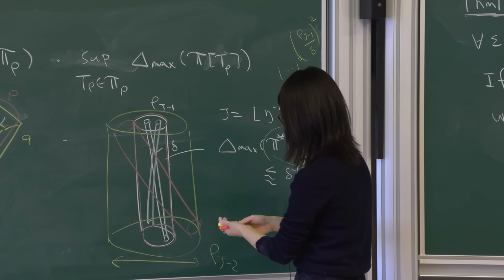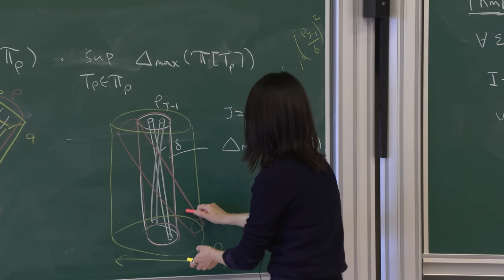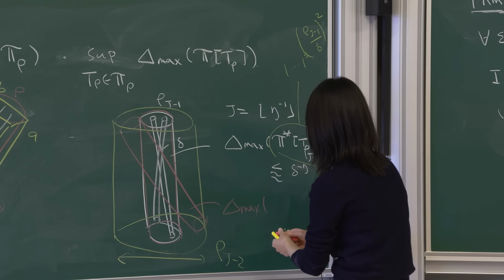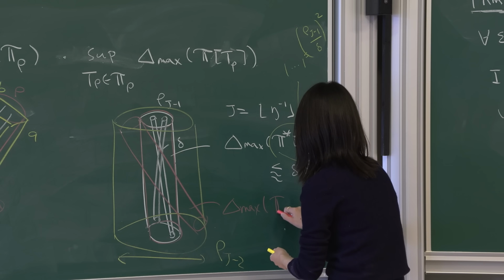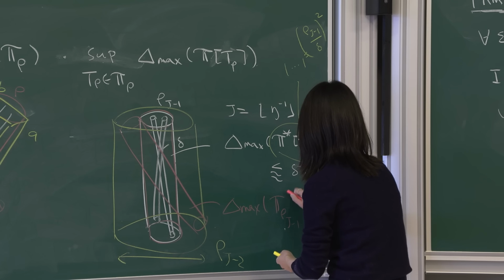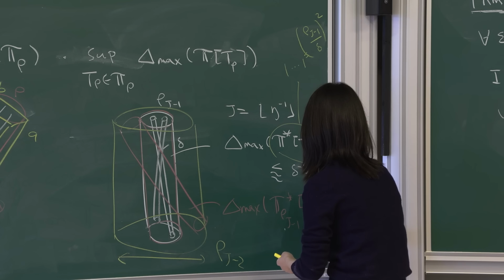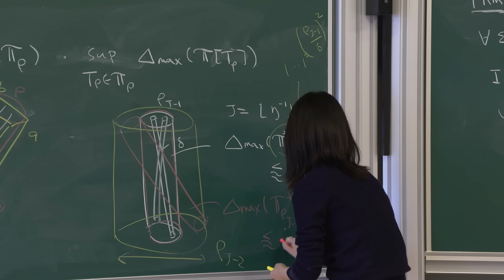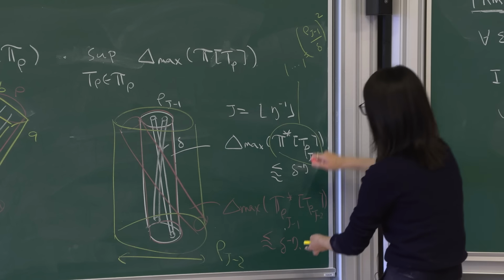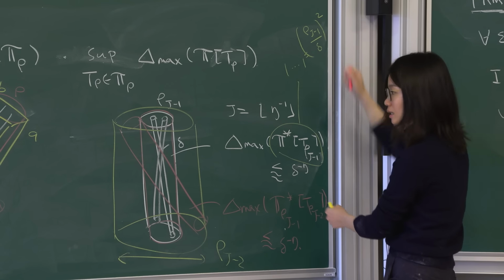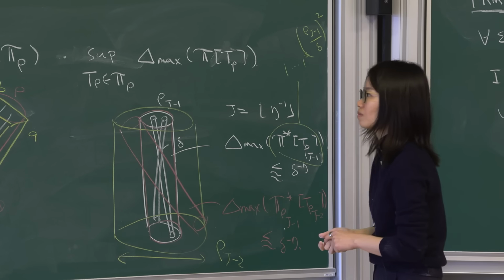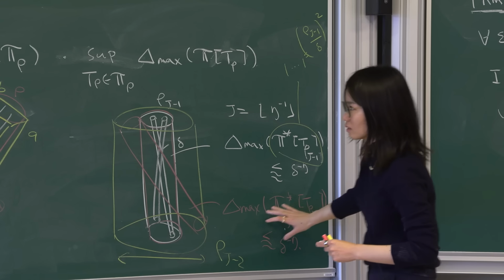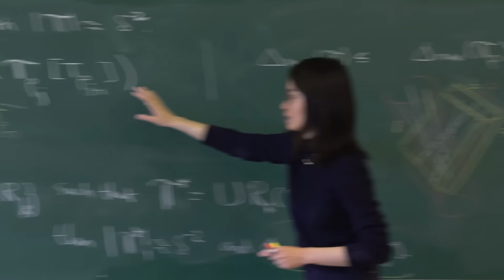And similarly, after this step, we're going to make the delta max of T rho j minus 1 star in T rho j minus 2 to be less than delta to the eta, and also have a similar cardinality. So you might think that we have many etas multiplying together.